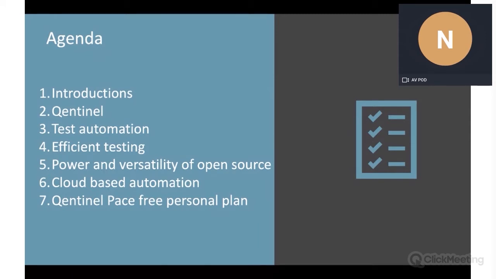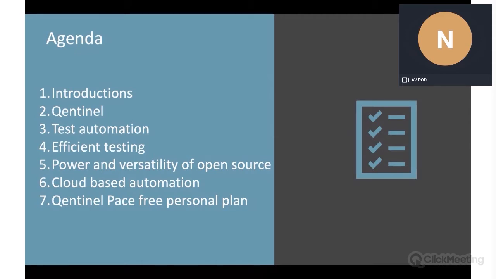Then talking about test automation, how to start, where to start from, things to consider, decisions that you might be making, slightly about efficient testing, what it means. Then from there on, Henry will come in and talk about open source, its positive and negative sides. What do we mean by cloud-based automation?